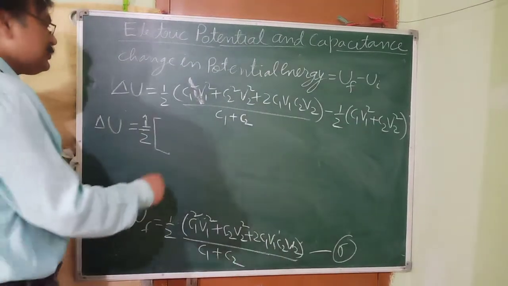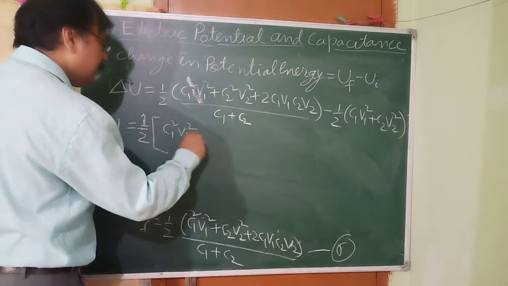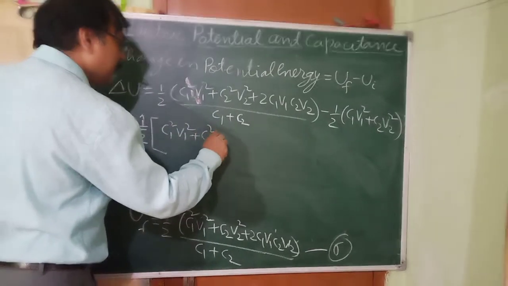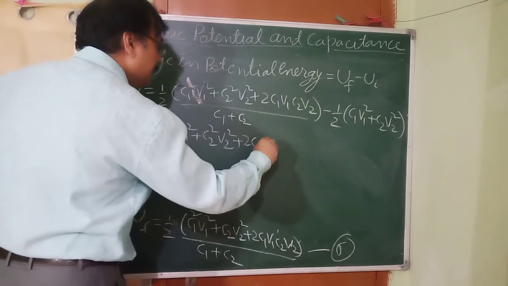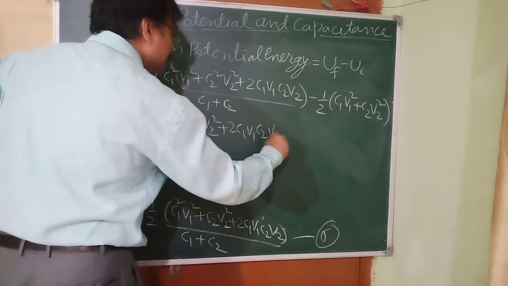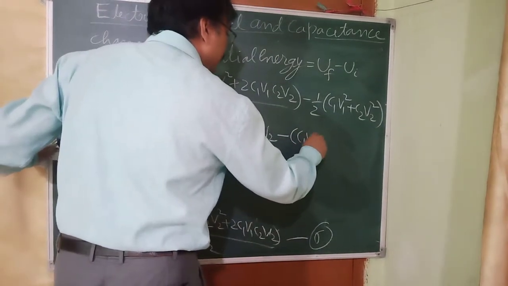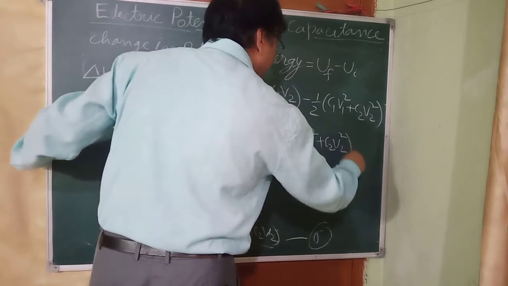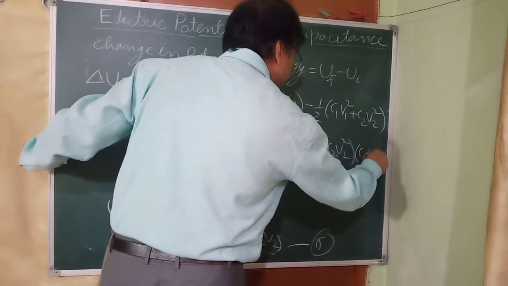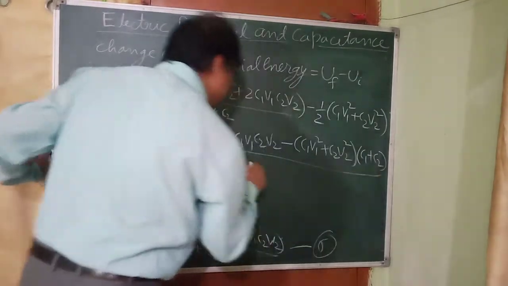So here C1 square V1 square plus C2 square V2 square plus 2 C1 V1 C2 V2 minus C1 V1 square plus C2 V2 square into C1 plus C2. That's what we have to do, because we have taken C1 plus C2 as the LCM.